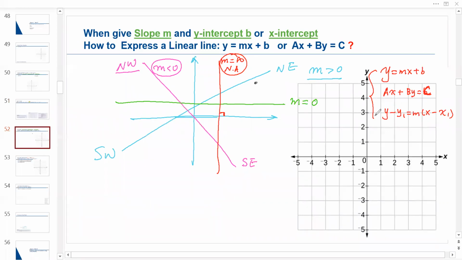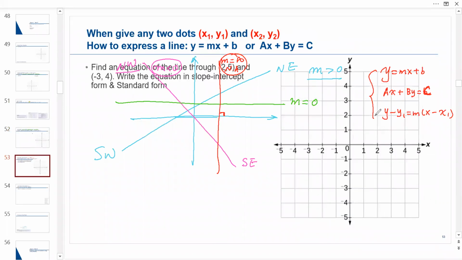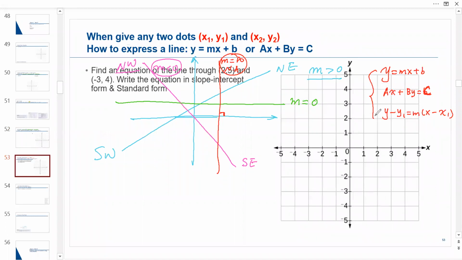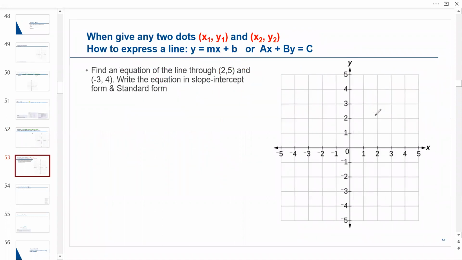Let me see what I'm missing here. Yeah, I think we already talked about this one. Whenever you are given two dots, how do you find the linear line? The most important thing you need to find is the slope, first, based on this expression.